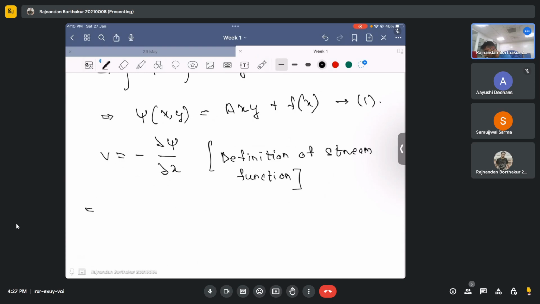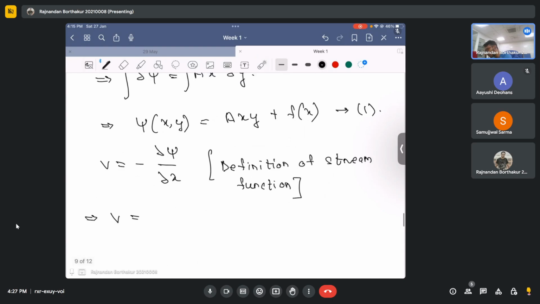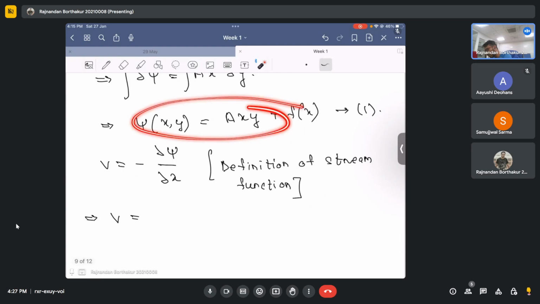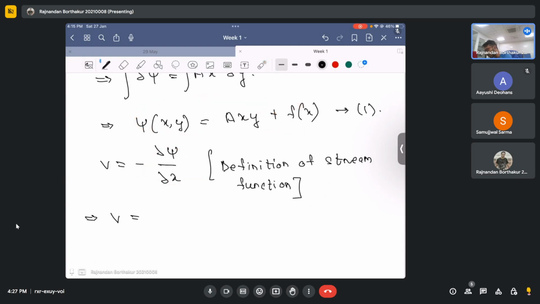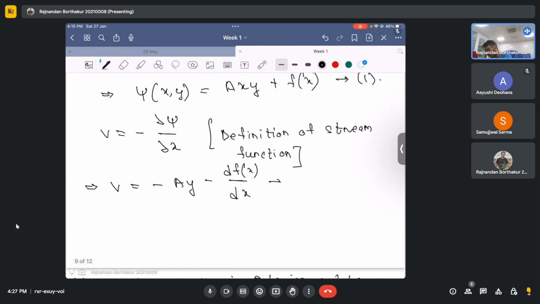Now if you evaluate del psi by del x, what we would get is a times y plus df of x by dx. Let's put it as number 2.